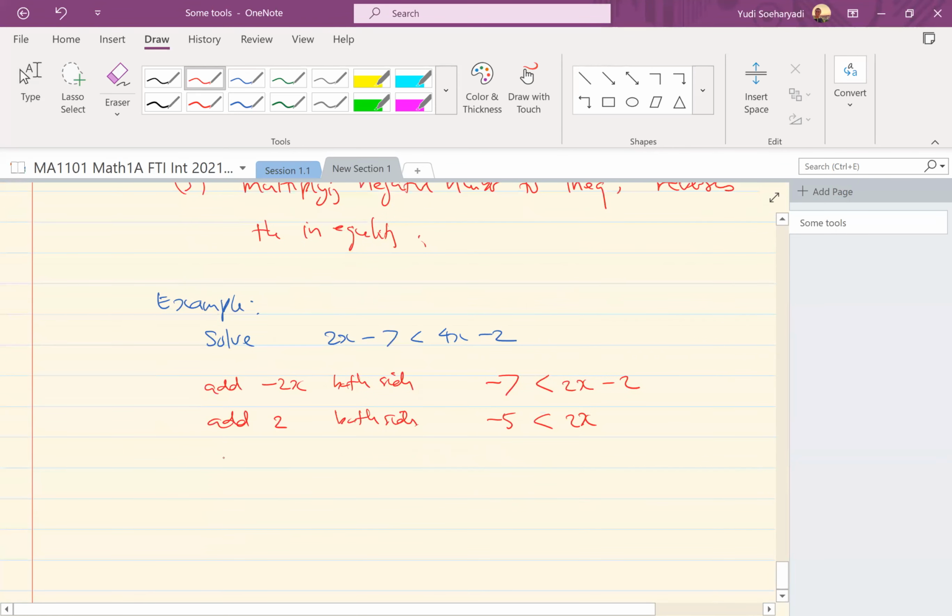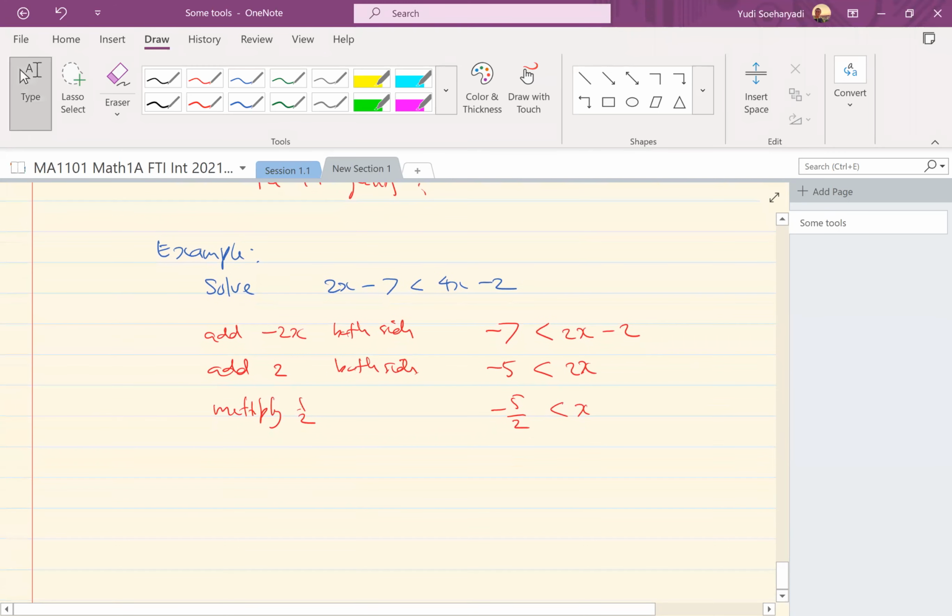And you can multiply by 1/2 both sides, so you get, okay. So the solution set is the set of x bigger than this one.